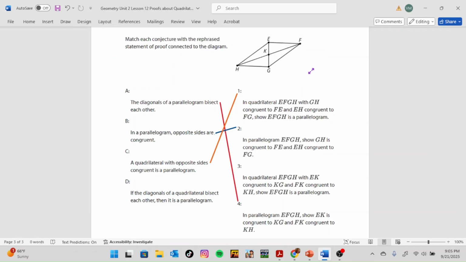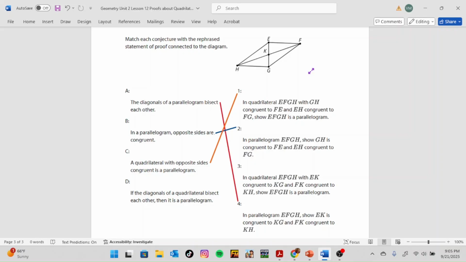And the last conjecture, D: if the diagonals of a quadrilateral bisect each other, then it is a parallelogram. Well, the only proof we have left is number 3.